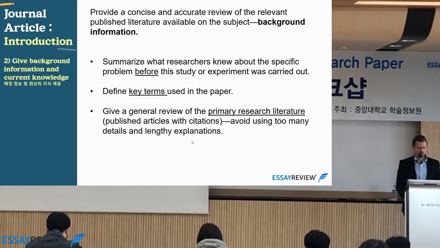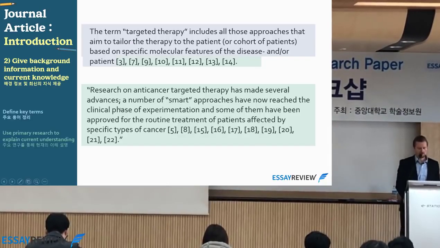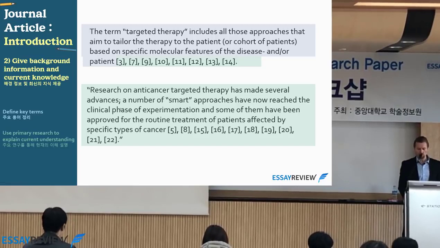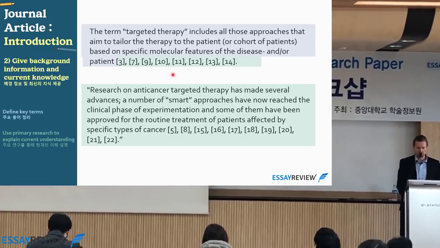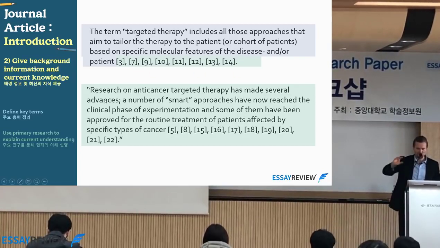Okay, so continuing in the introduction, this is still the introduction of the same paper. The author defines the term targeted therapy. The term targeted therapy includes all those approaches that aim or tailor the therapy to the patient. And then they have citations, right? This is a general explanation. They haven't discussed every single study.